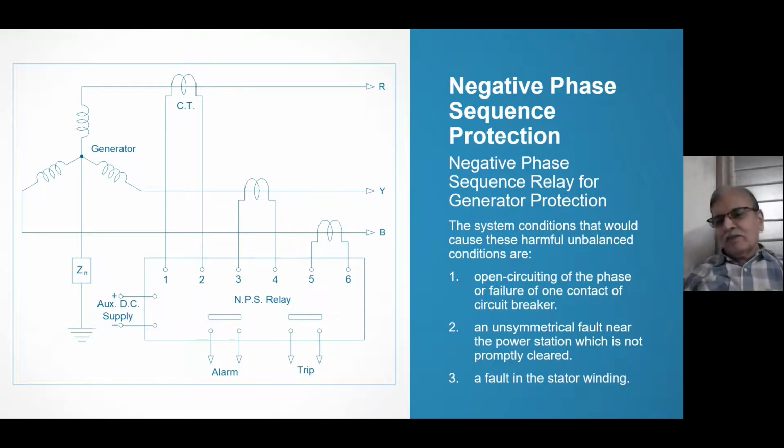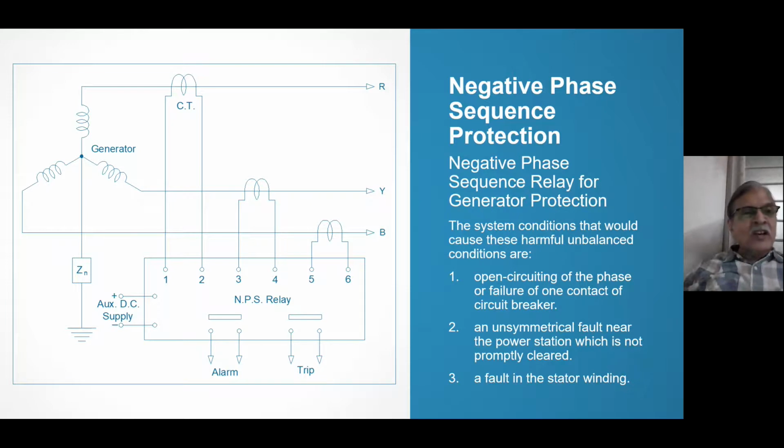Then the second cause is a fault in the stator winding of the generator. If a fault in the stator winding of the generator or generator transformer occurs, then negative sequence current will flow. But then there are a number of protections. For generator, there is differential protection which operates in one cycle.